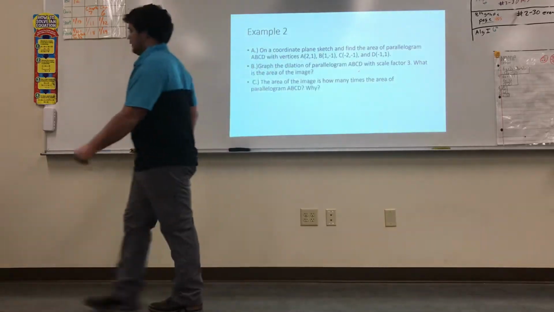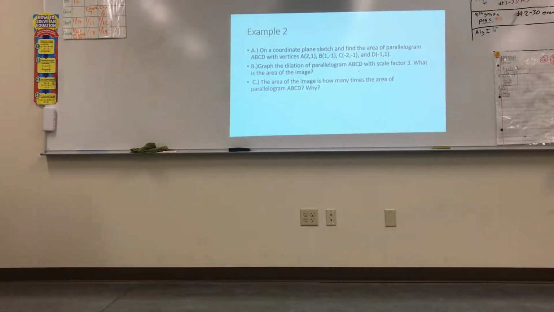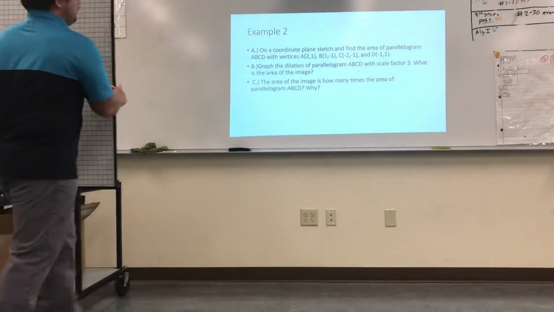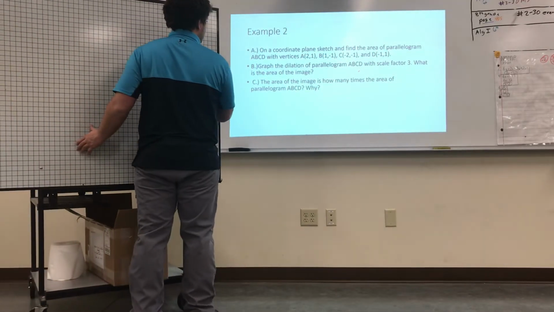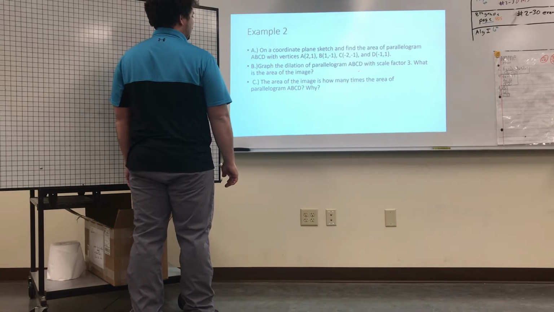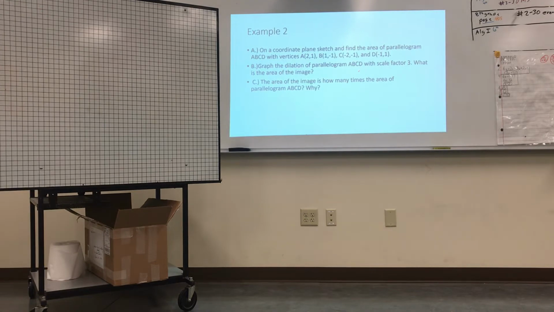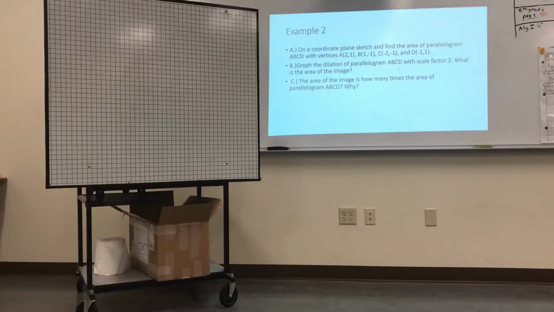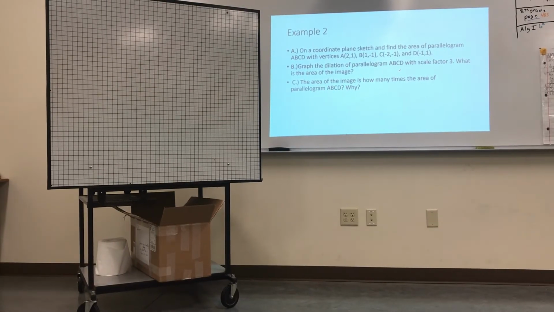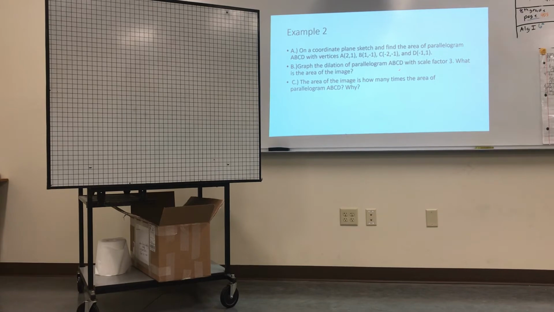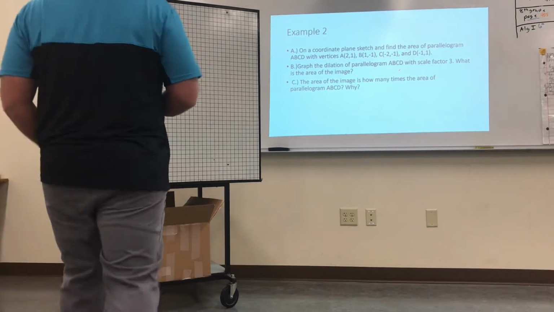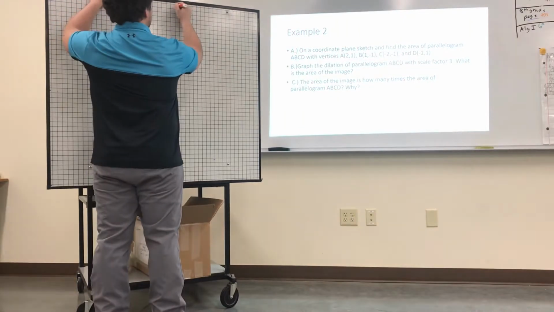On a coordinate plane, sketch and find the area of parallelogram A, B, C, D with vertices A (2, 1), and B (1, -1), and C (-2, -1), and D (-1, 1). So we're going to do this.